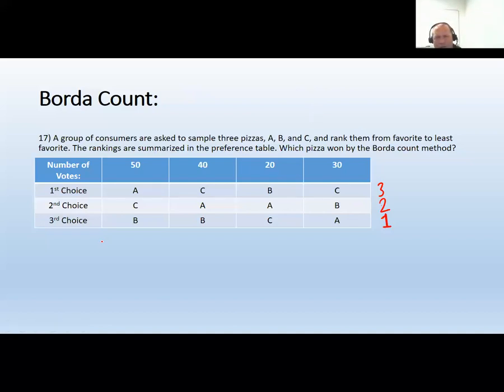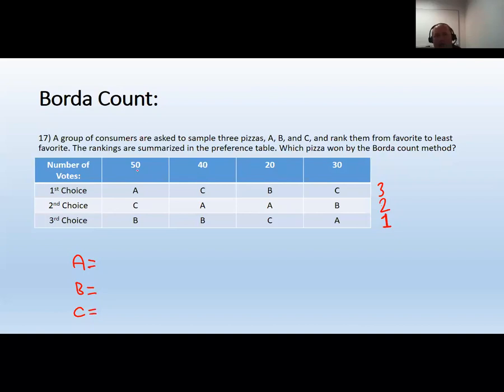And so we basically just have to make a table here. We've got candidate A, candidate B, candidate C, and you have to calculate the total number of points each candidate got.